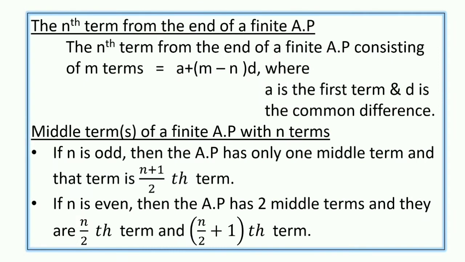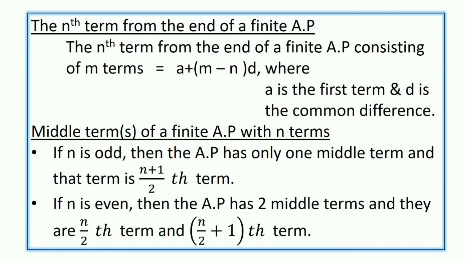The nth term from the end of a finite AP consisting of m terms can be obtained by the formula a plus (m minus n) into d, where a is the first term and d is the common difference. m is the number of terms in the progression and n is the position of the required term from the last position.